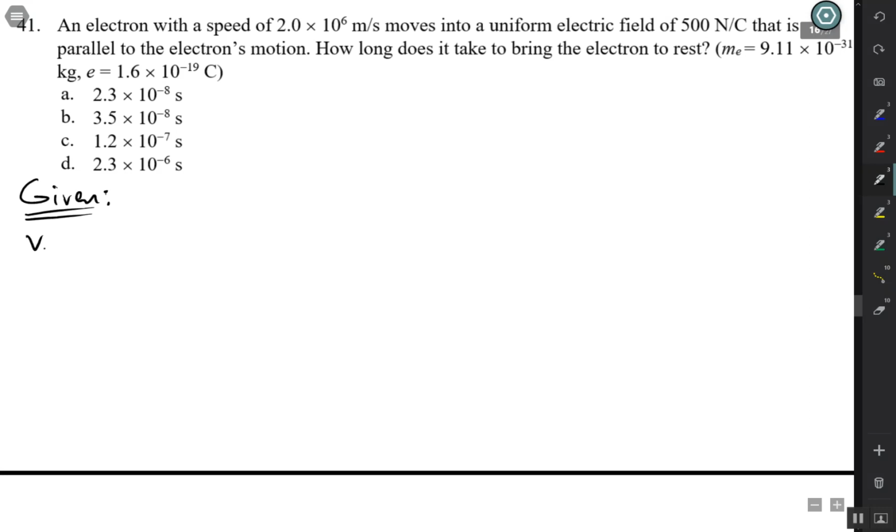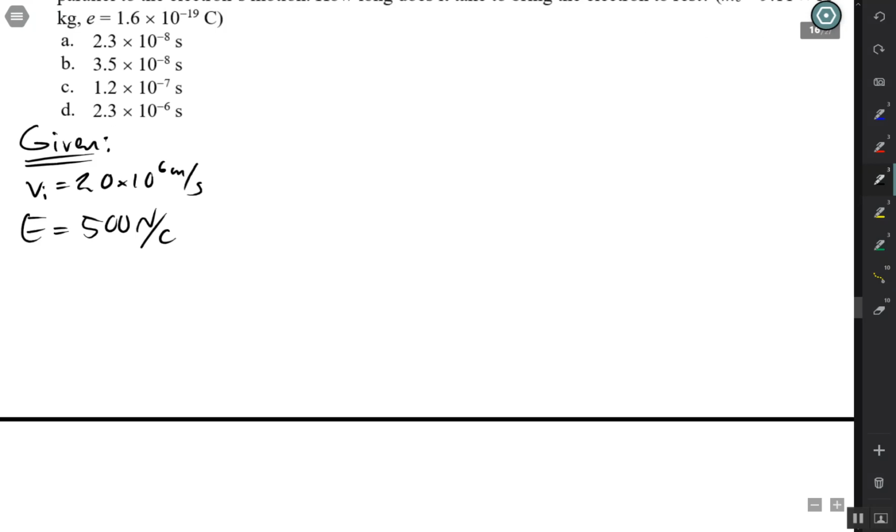That's initial speed. Electric field. That's uniform. That's good to know. Final speed is 0, and then we're given the mass of an electron. Now, I've memorized these, so I'll just write them down.